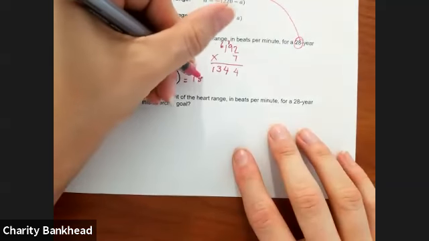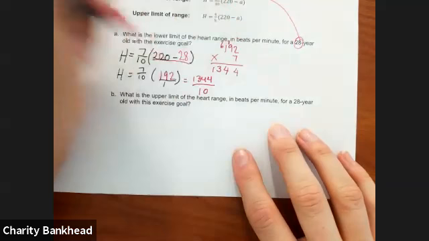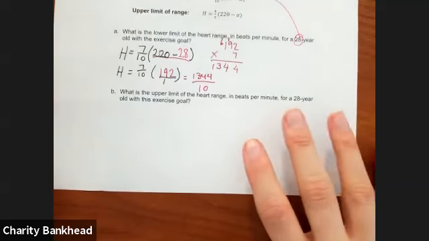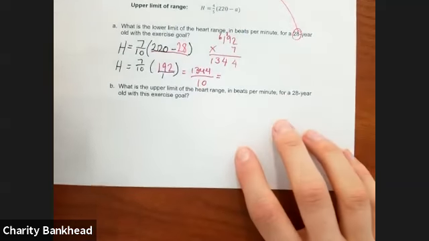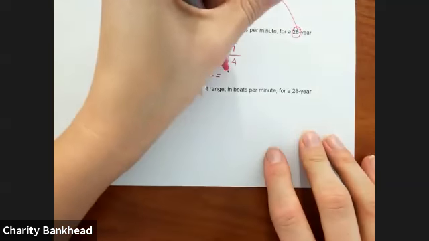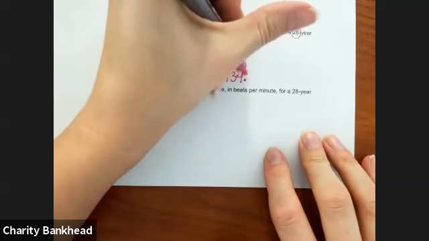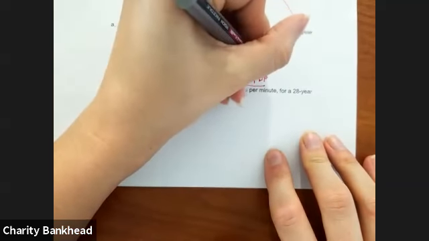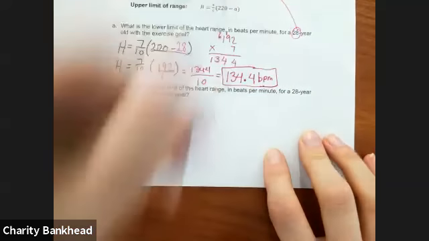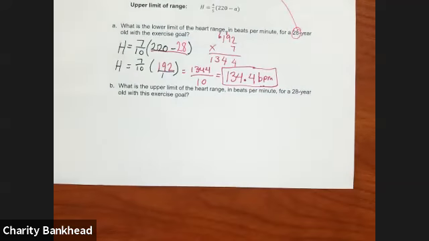So I've got 1344 over 10. So if I divide by 10, that's the same thing as just moving the decimal point one time to the left. So that would be equal to 134.4 beats per minute. All right, so that's the minimum heart rate to maintain.